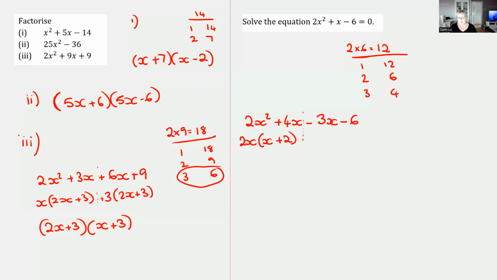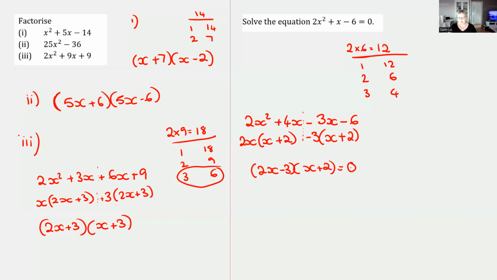And then here I've got 3 in common. So minus 3 I'm going to take out because I've got a plus in there. I need my bracket to be plus. So if I take the minus out, then that can be a plus on that side. Once I've done these, I write my 2 brackets. There we go. And x plus 2.